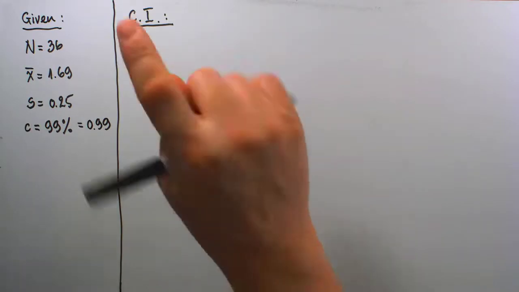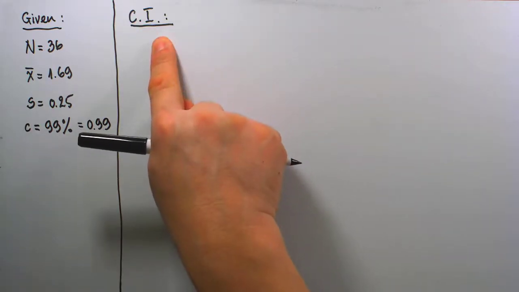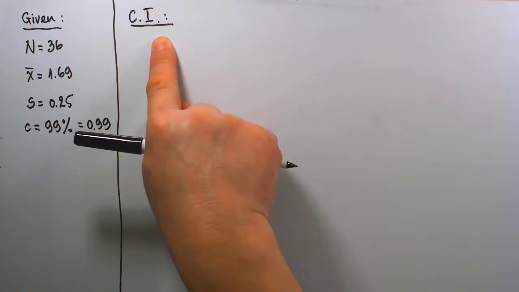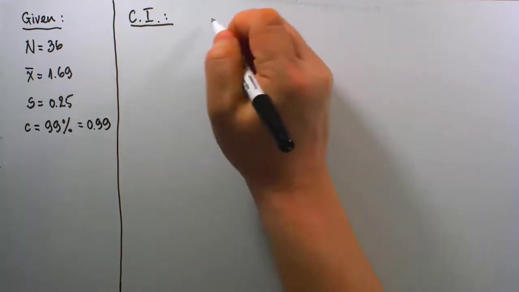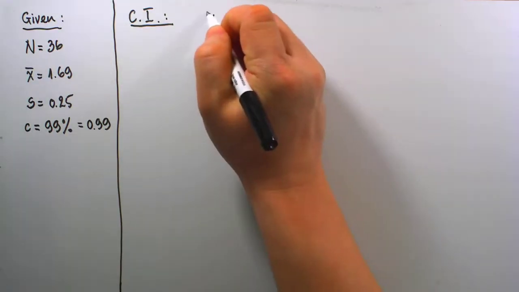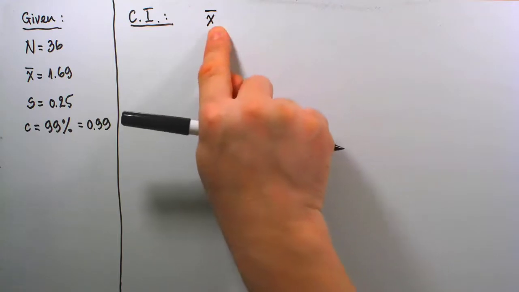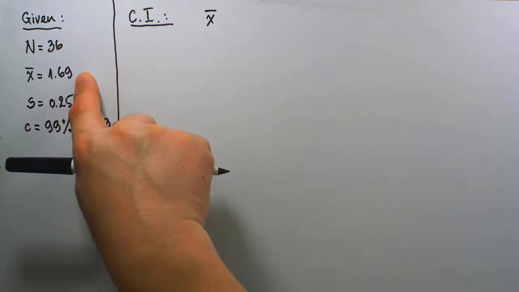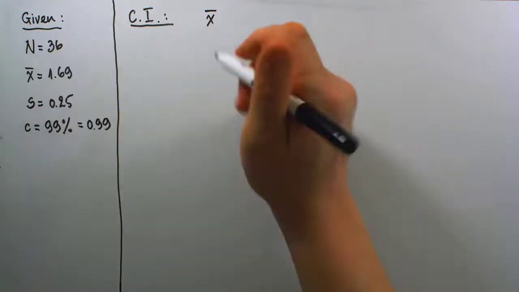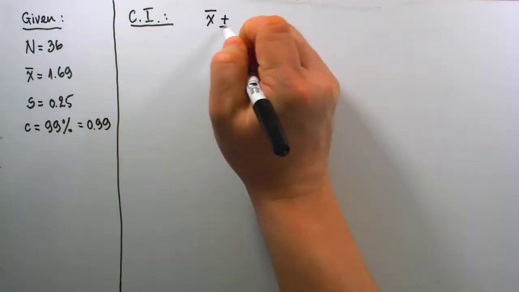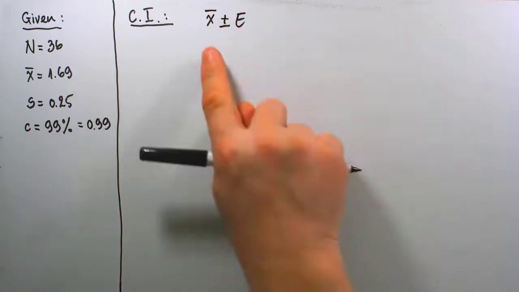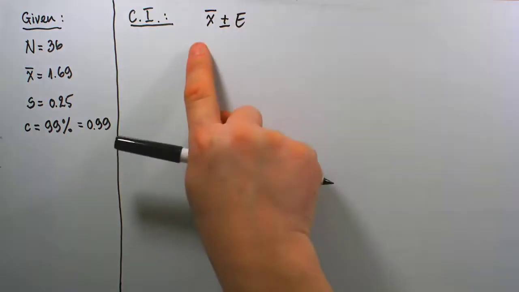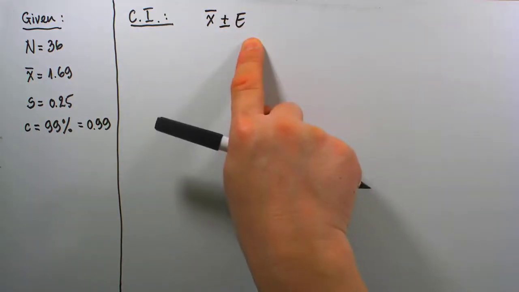The final confidence interval must be in the form of a sample mean, which here is 1.69, and I am going to add and subtract a margin of error. That's the general goal for finding our confidence interval.